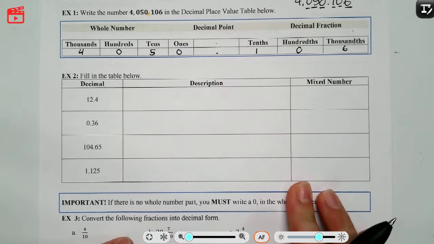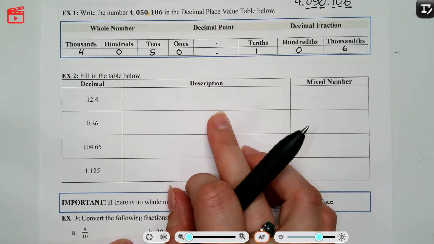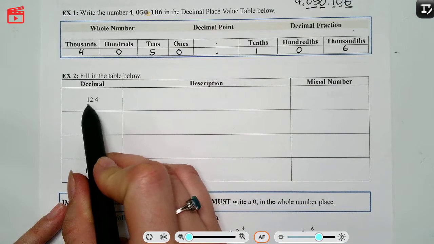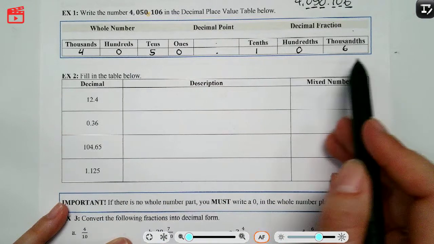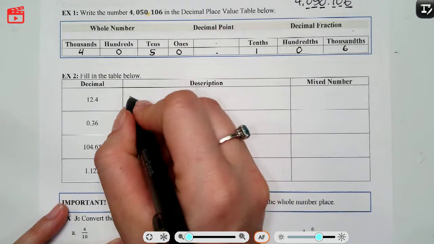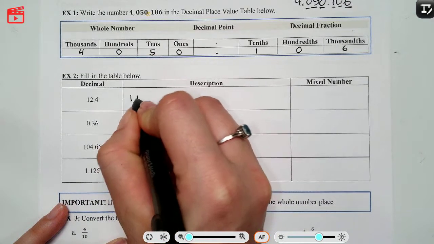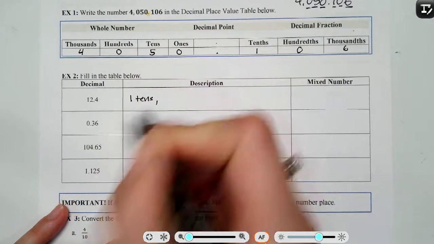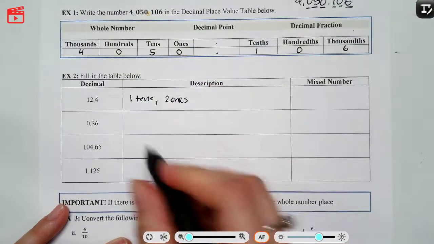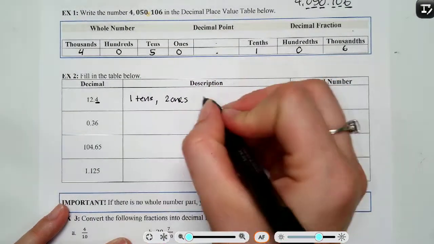Okay, so the description is going to be, let's see this. So this is going to be kind of how I set it up here. So we have 1, let's see, what place is that? That's going to be the 10. So 1 tens, 2 ones, and 4 tenths.